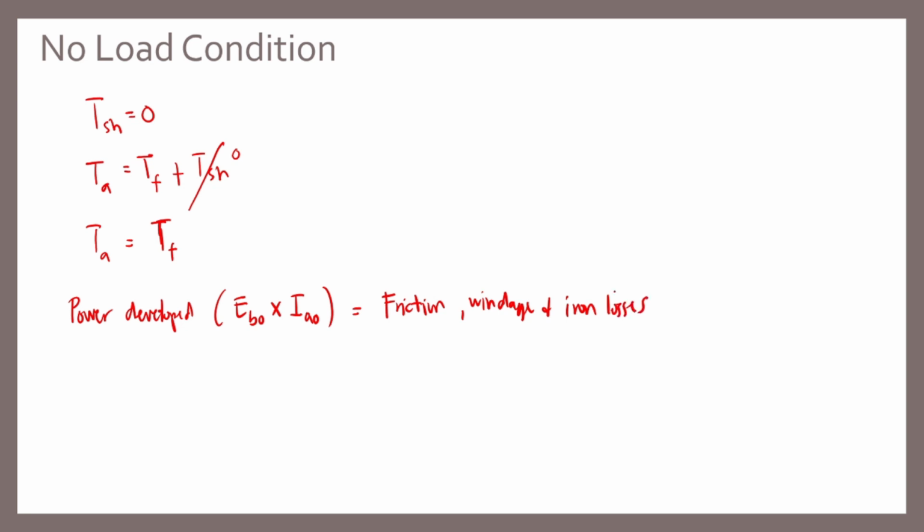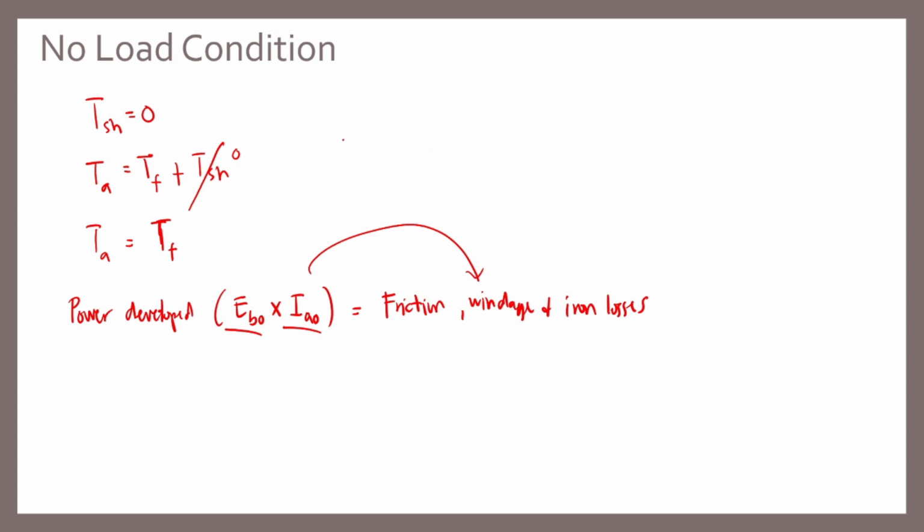So the motor draws less current on no load and takes more and more current as the motor load increases. So at no load, the current and the back EMF at no load suffice for the friction, windage, and iron losses. So that is the condition for no load.